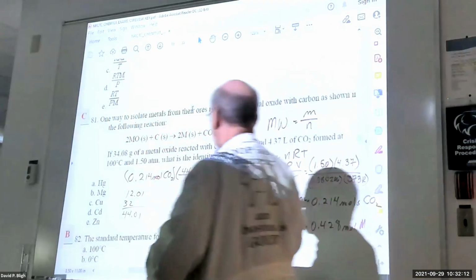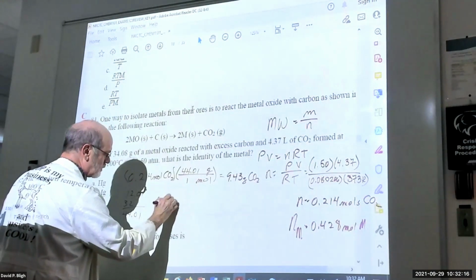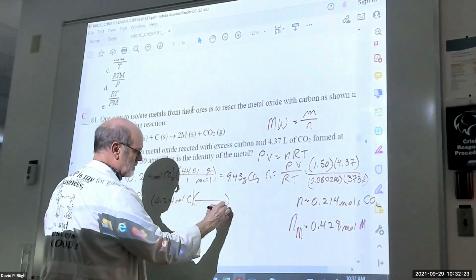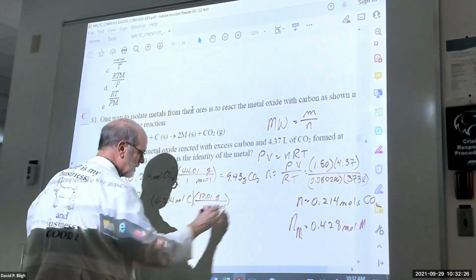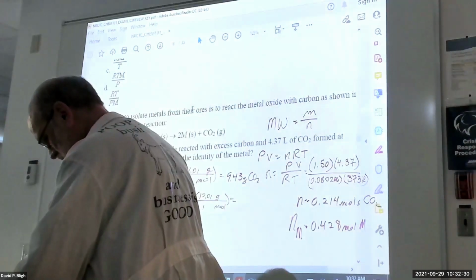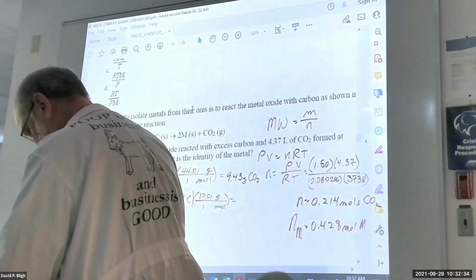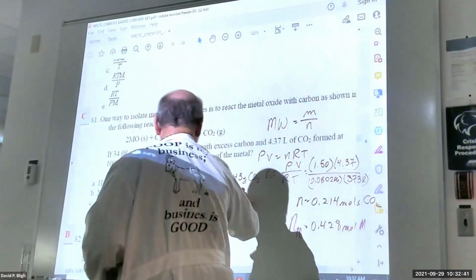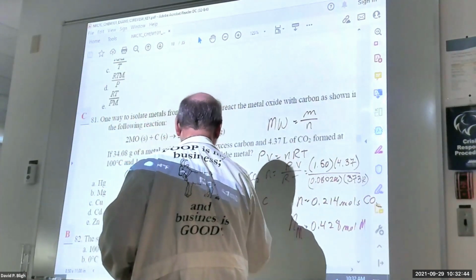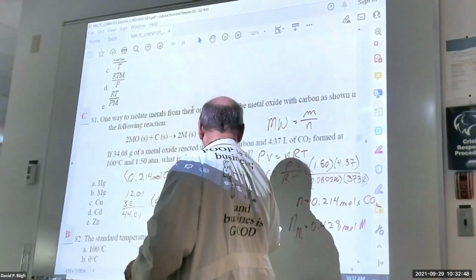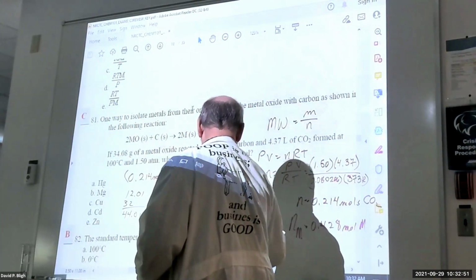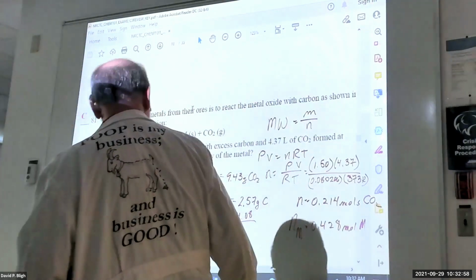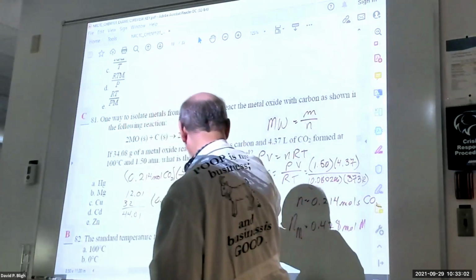So it's 0.214 moles of carbon. 0.214 moles of carbon is what mass? 12.01 times 0.214 is 2.57. 2.57 grams of carbon. So the total mass is 34.08 plus 2.57, which is 36.65.